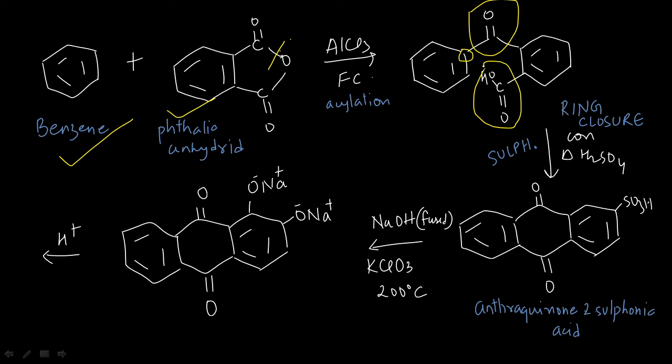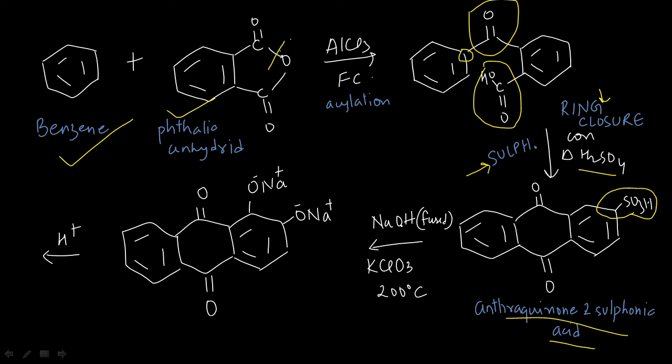Both are not attached at the same time, only one acylium ion is formed. Then we have ring closure. When you add sulfuric acid and give it a bit of heat, there is ring closure as well as sulfonation, both happening. The ring closes towards the lower side, and we have a sulfonic group on the second position. This is known as anthraquinone 2-sulfonic acid.